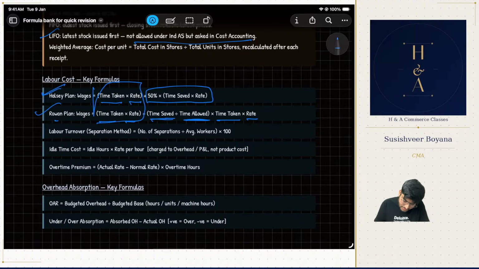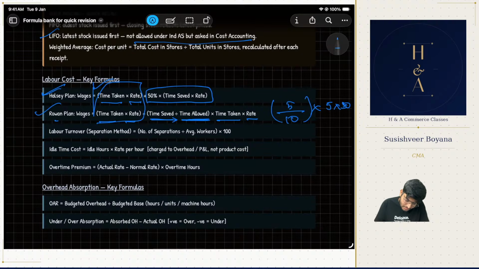Time saved by time allowed: I have saved around 5 hours, but the total hours allowed is 10, into time taken. Actually, I've saved 5, but I've used another 5 into rate, that is maybe 30.